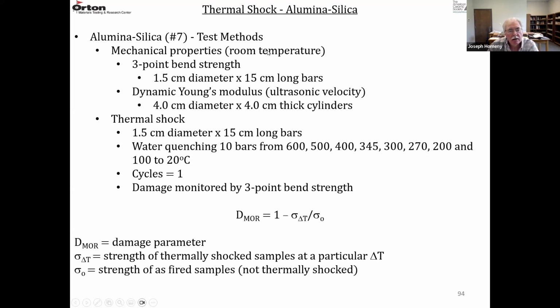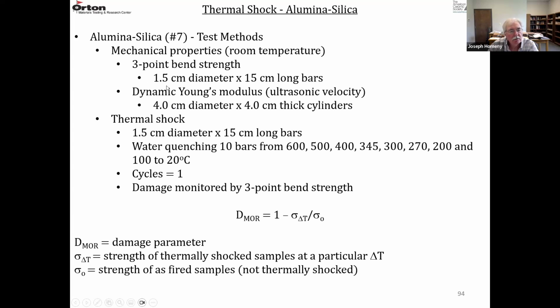So they measured mechanical properties at room temperature, a bend strength in 3-point bending on the rods, the 1.5 centimeter diameter by 15 centimeter long bars. They measured a dynamic Young's modulus by using an ultrasonic velocity technique on these shorter cylinders, the 4 centimeter diameter by 4 centimeter long cylinders.